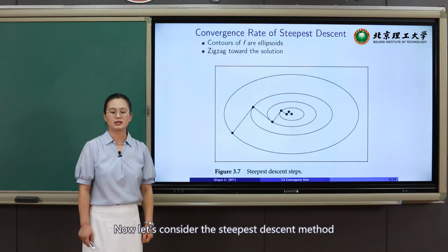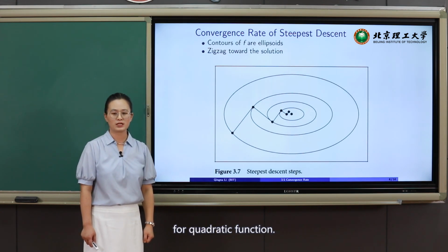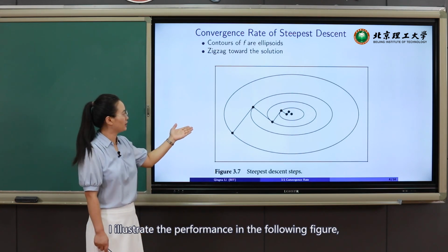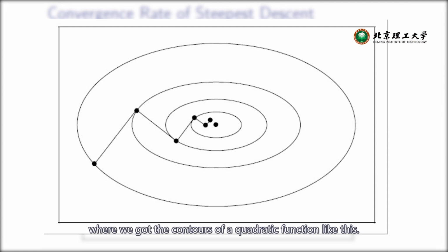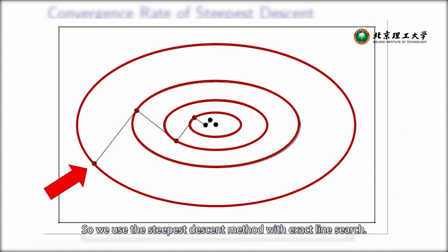Now, let's consider the steepest descent method for quadratic function. I illustrate the performance in the following figure, where we have the contours of a quadratic function like this, and we start from the point here. We use the steepest descent method with exact line search.